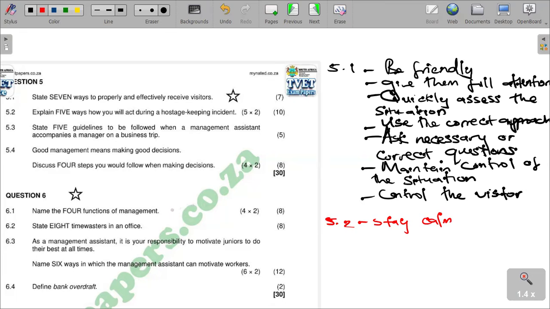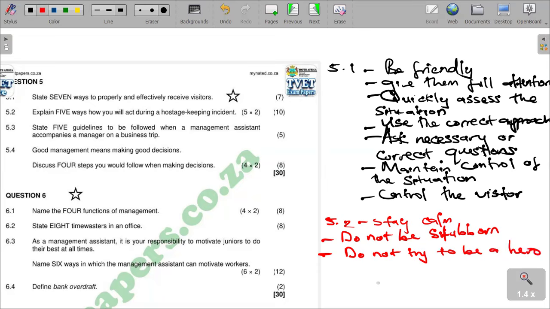And you can even try to calm other victims. 2, you're supposed not to be stubborn. 3, do not try to be a hero at all.